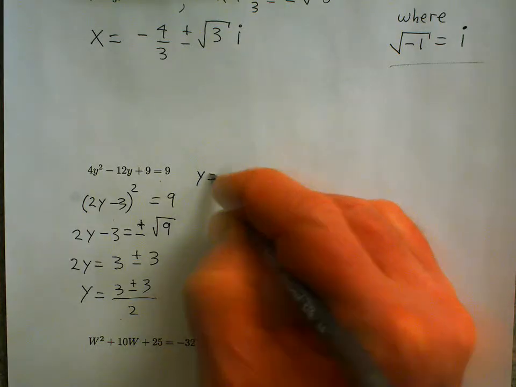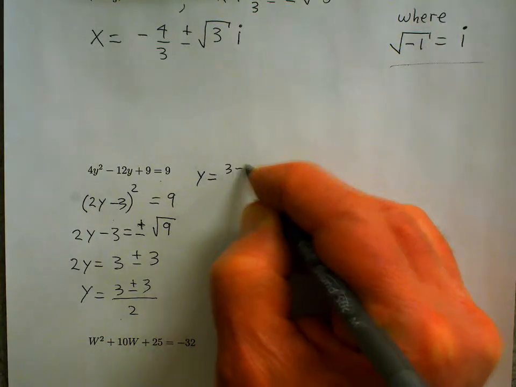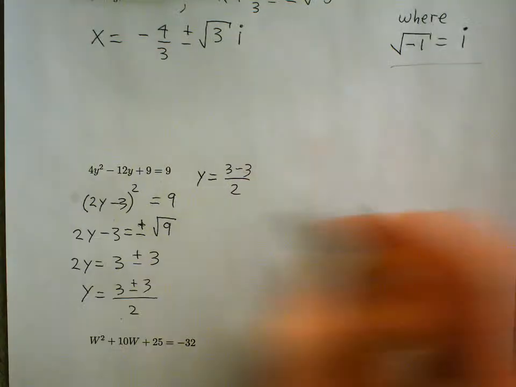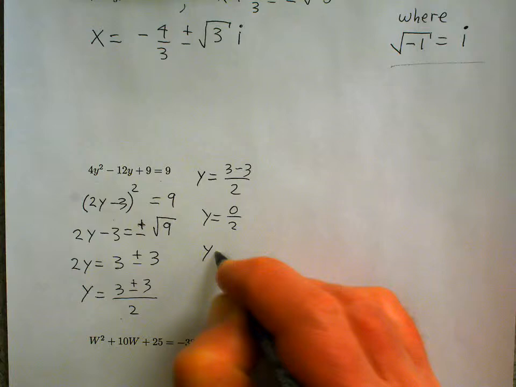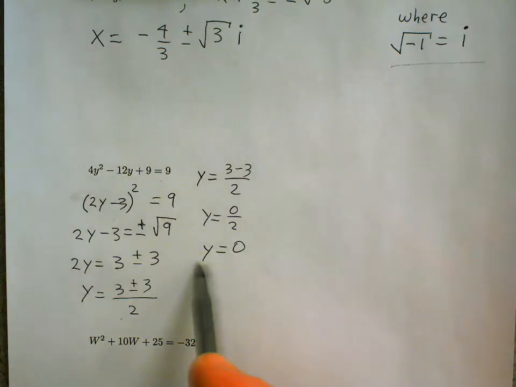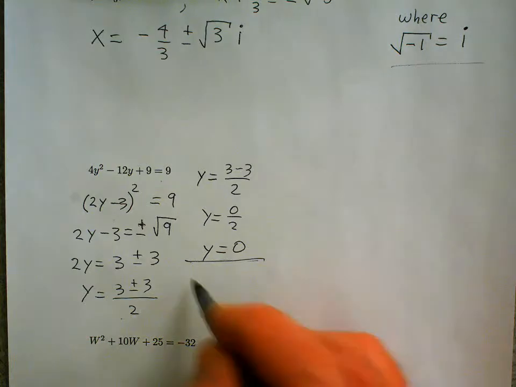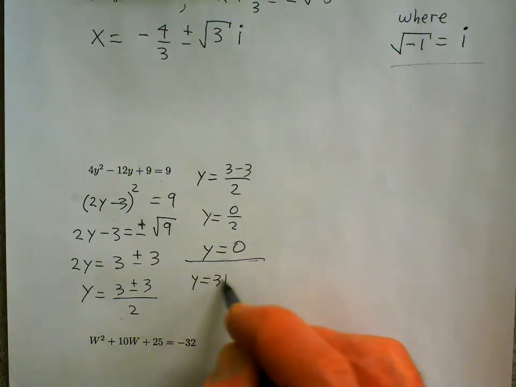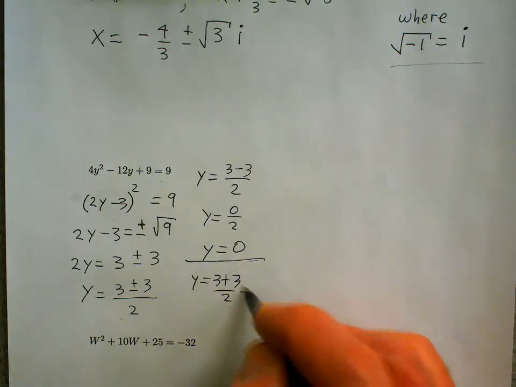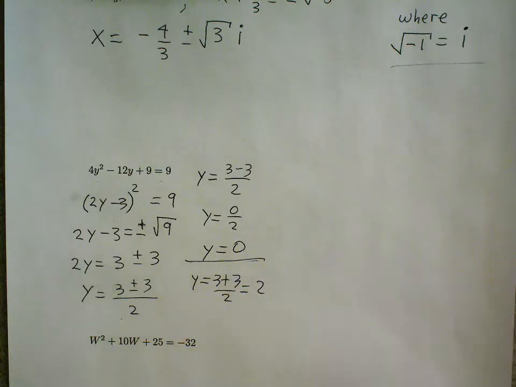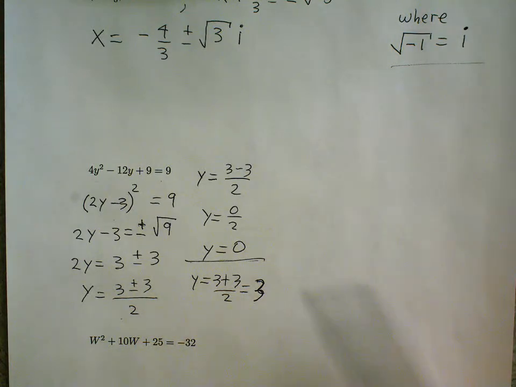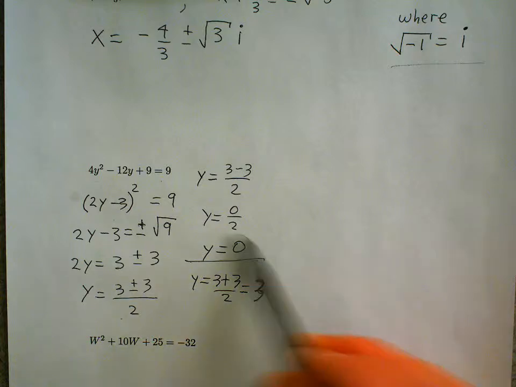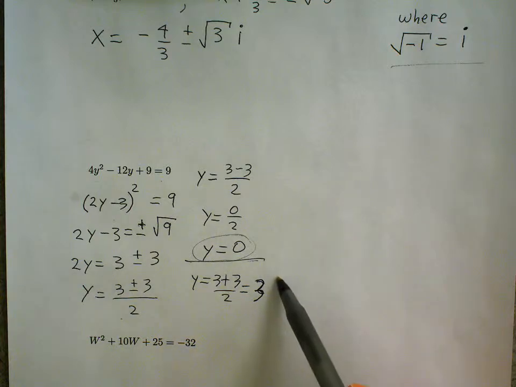One is y equals 3 minus 3 divided by 2, or y equals 0 divided by 2, which means y equals 0 is one of the solutions. And then the other solution, y equals 3 plus 3 divided by 2, 6 divided by 2 is 3. Okay, so the 2 solutions are y equals 0 and y equals 3.